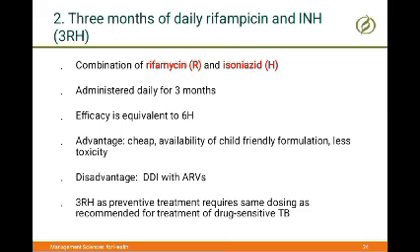Efficacy is equivalent to 6H. Advantages: cheap, availability of child-friendly formulation, less toxicity. Disadvantages: DDI with ARVs. 3RH as preventive treatment requires the same dosing as recommended for treatment of drug-sensitive TB.